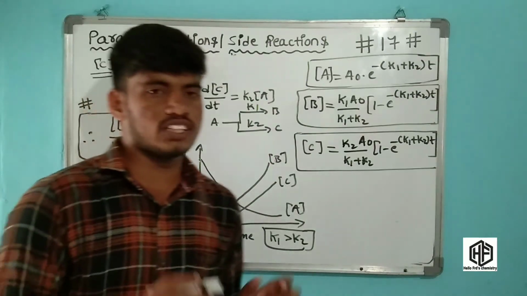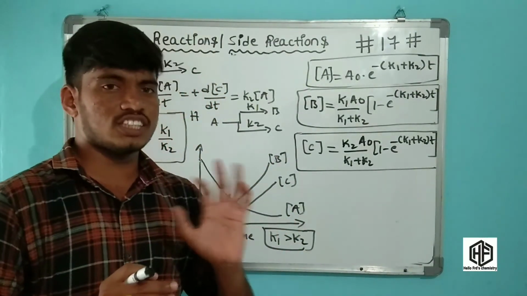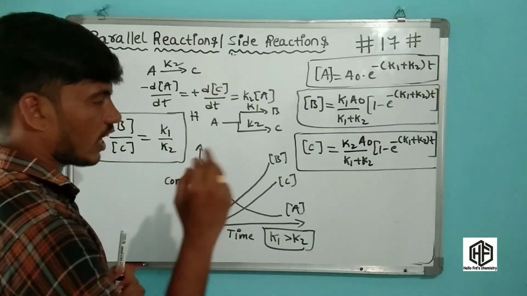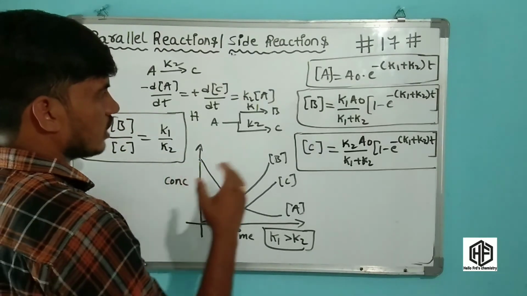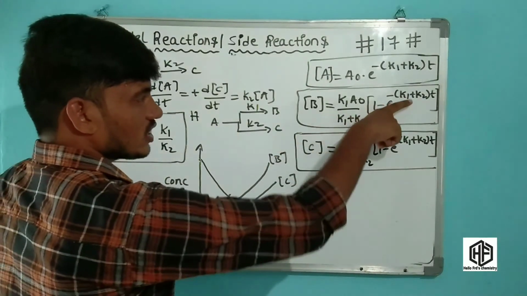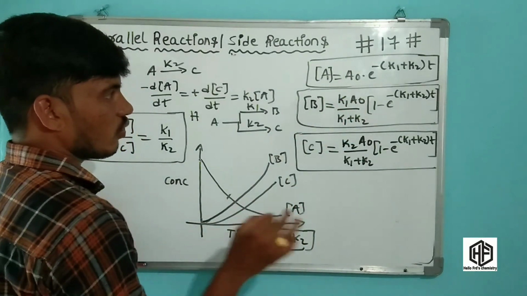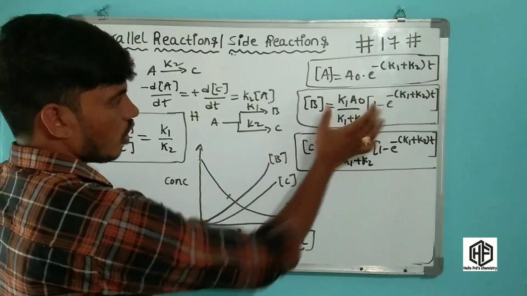Friends, in competitive exams the question is asked: find the concentration of B in a parallel reaction. It means the product concentration. You have to calculate the product concentration in competitive exams. The rate constant values are given and the initial concentration is given. Now we have to calculate the product concentration. This formula is used.